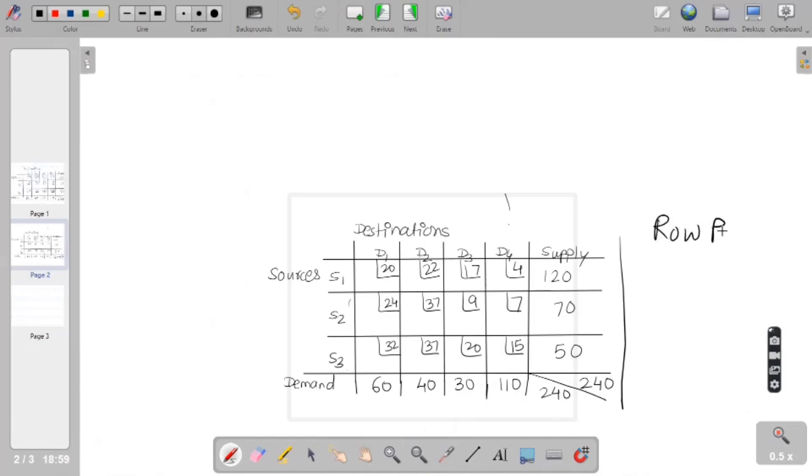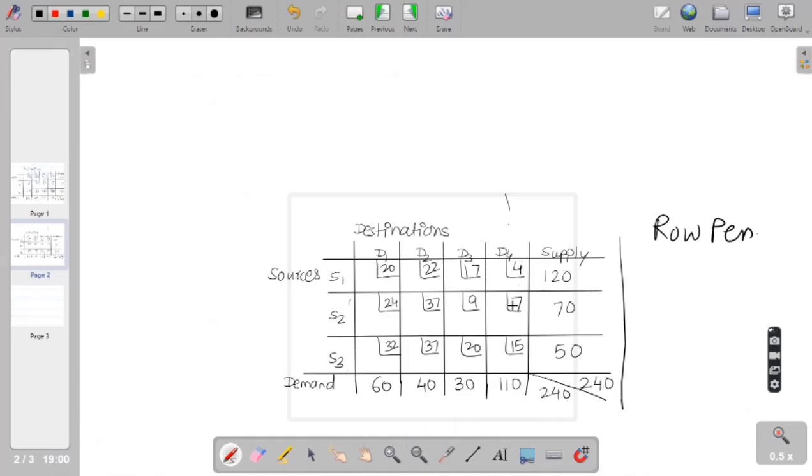So row penalties. So for each row, we will find the smallest entry and the next smallest entry. And the difference between the smallest entries is the penalty. Okay, this we will do for each row and each column. If there is a tie in the smallest costs, then the corresponding penalty will become 0.